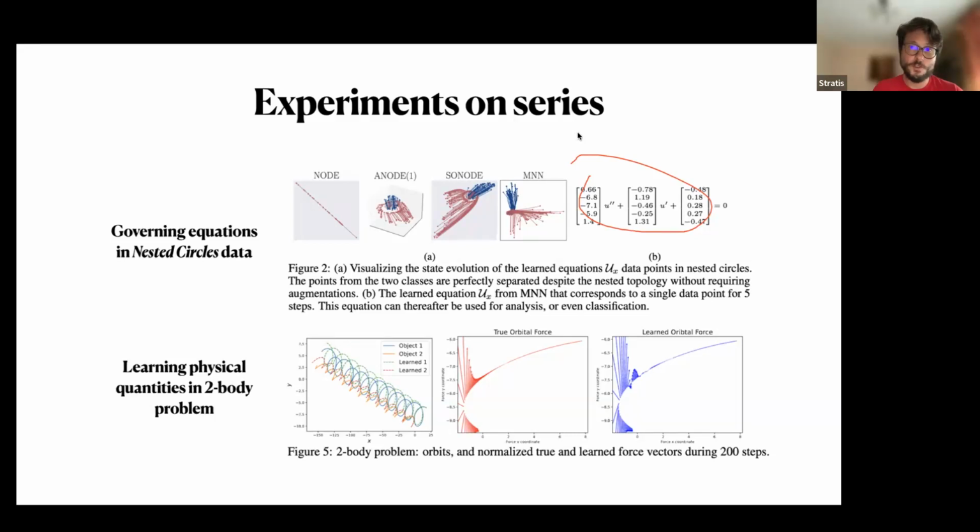We also used it to learn physical quantities in a simplified 2-body problem. On one hand, we see that the trajectories are pretty decent. The starting time is here in the bottom right corner, and this is the trajectories as time goes.